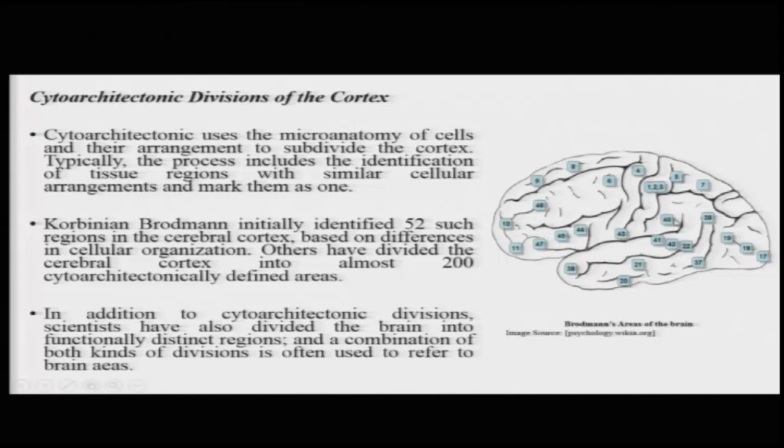You can see here that there are around 52 different Brodmann areas, and some of the regions of the brain that we will be talking about in detail going further are referred to as, let us say, this area here is Brodmann's area 44, or for example this area here is Brodmann's area 17, which is responsible for visual processing and lies in the occipital lobe, and so on.